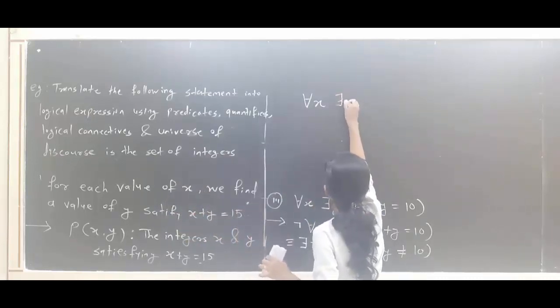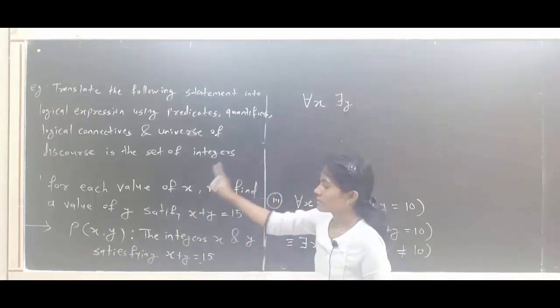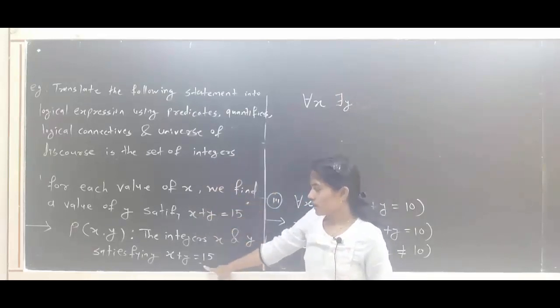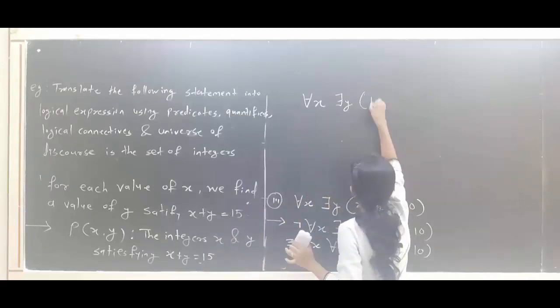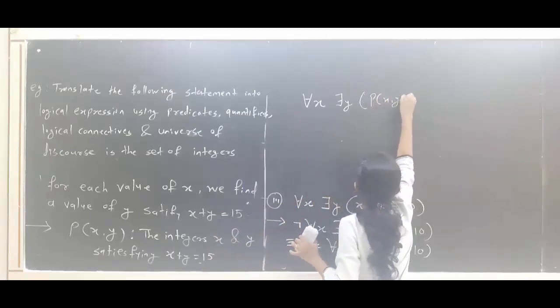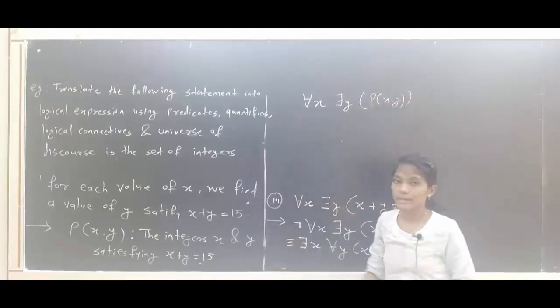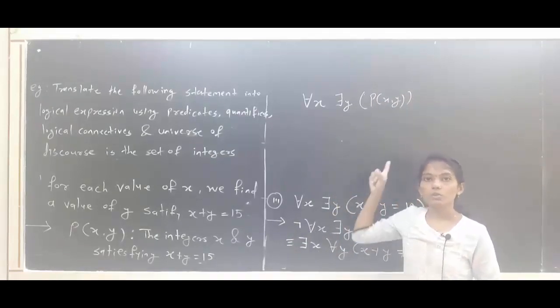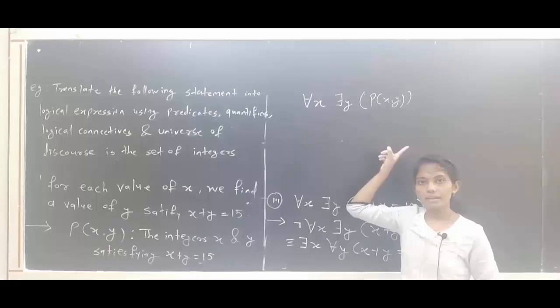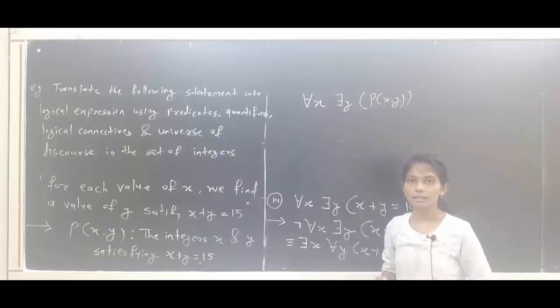So there exists y satisfying x plus y is equal to 15, that is P of x, y. So this is the logical expression using predicates, quantifier and logical connectives.